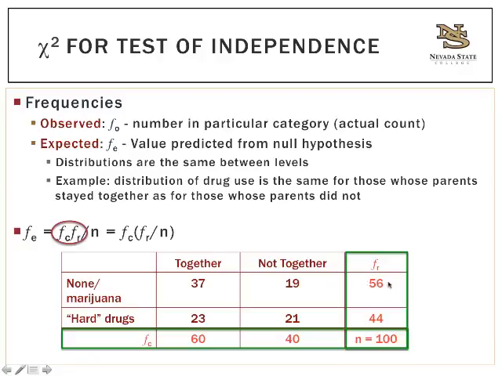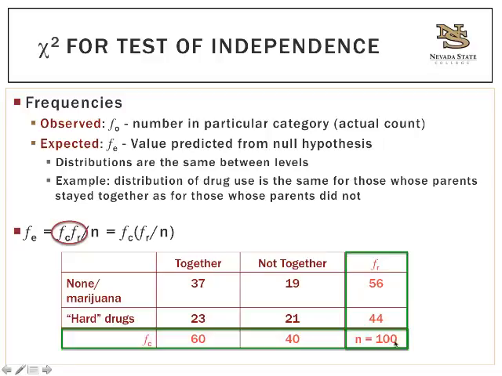So if 56% of our participants said that they did not take drugs or only tried marijuana, then we would expect, if the null is true, that 56% of our sample for those who stayed together said that they didn't take drugs or only tried marijuana, and 56% of our not together group would also have not tried any drugs or only tried marijuana.